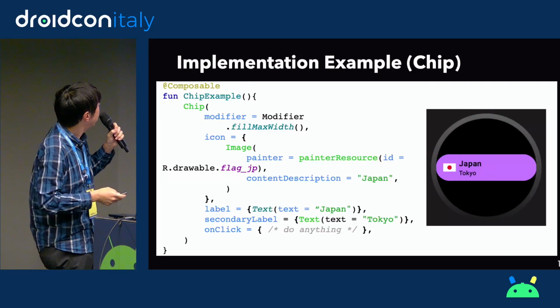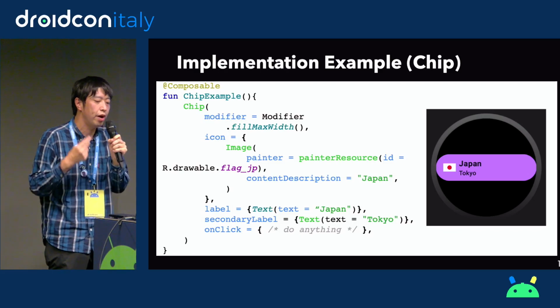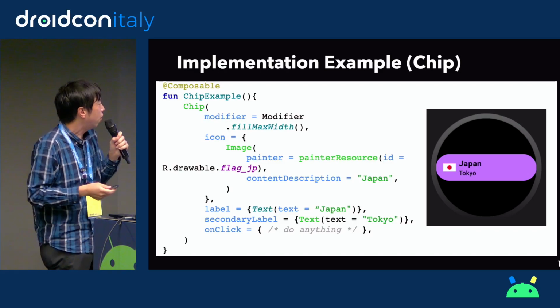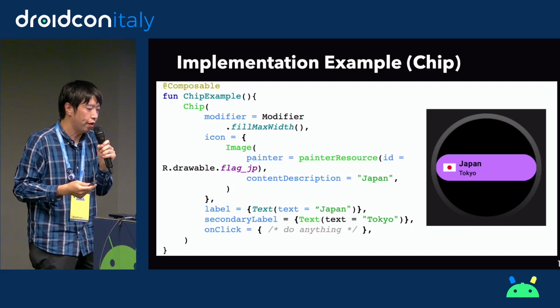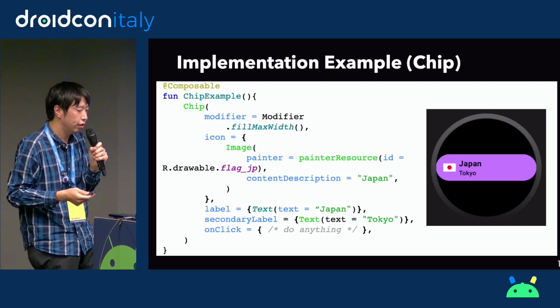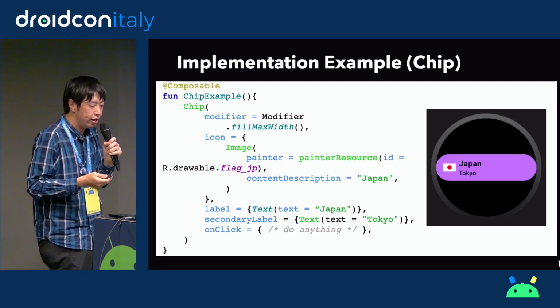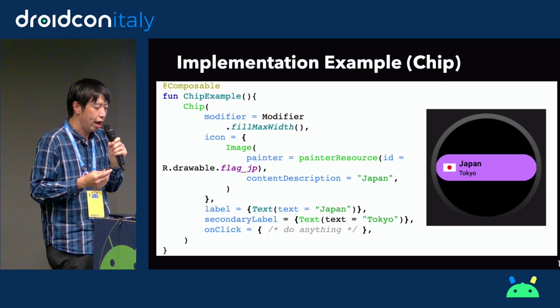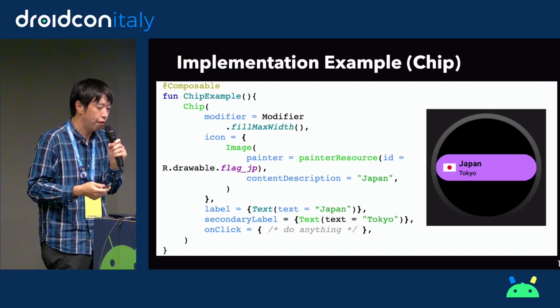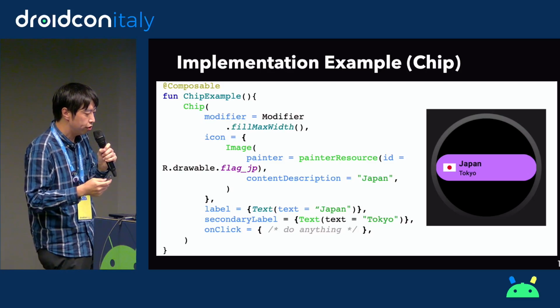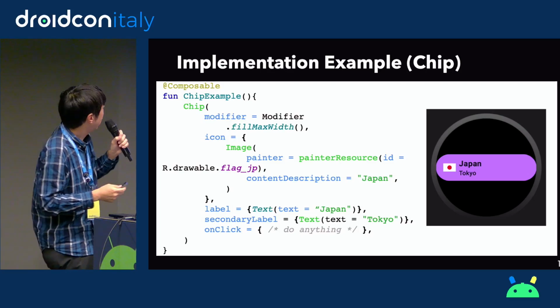I'll show some more examples of Compose for Wear OS. Here is a Chip example. It's a very useful component. When we develop Wear OS apps, I think it will be used a lot. Okay, here's the example.